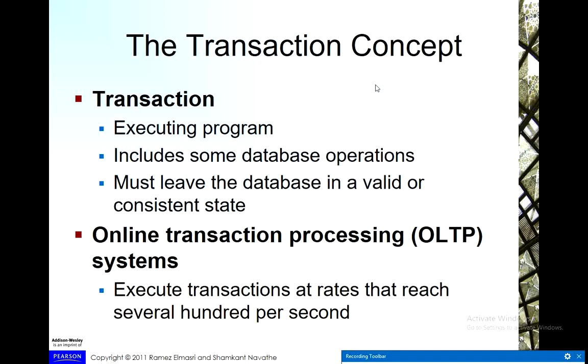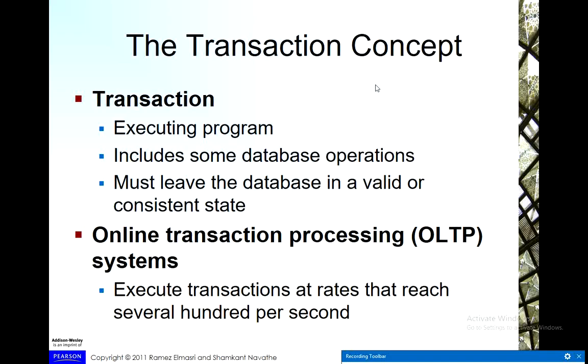And also the online transaction processing systems execute transactions at a rate that reaches several hundred per second. That means if somebody, for example, is reserving a ticket to travel to a specific place, if this cannot be done immediately and quickly, then somebody else in another place might reserve the same ticket, the same seat, for another passenger, another customer, and this will create some sort of inconsistency and problems.